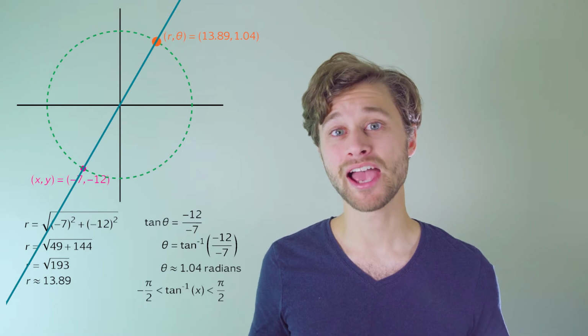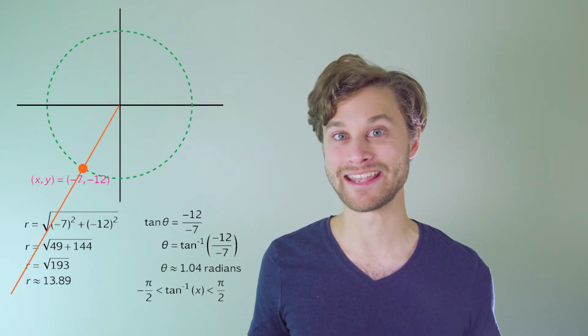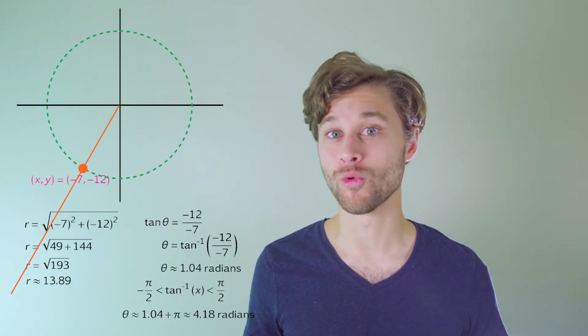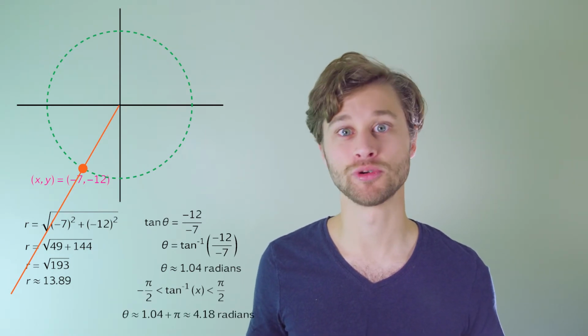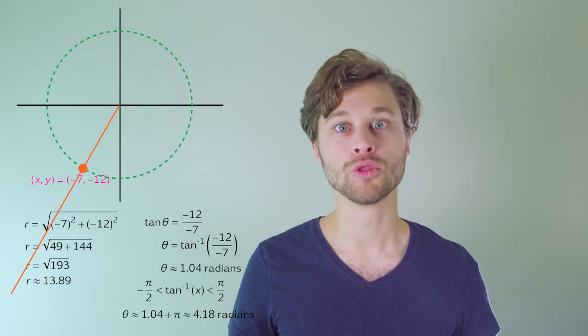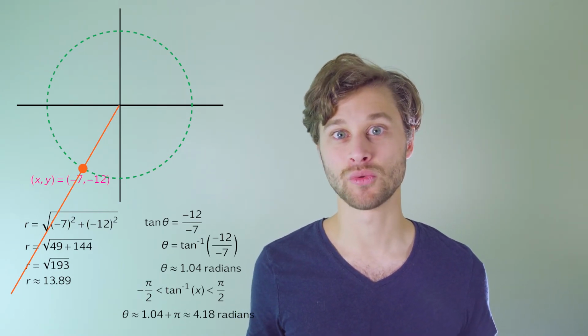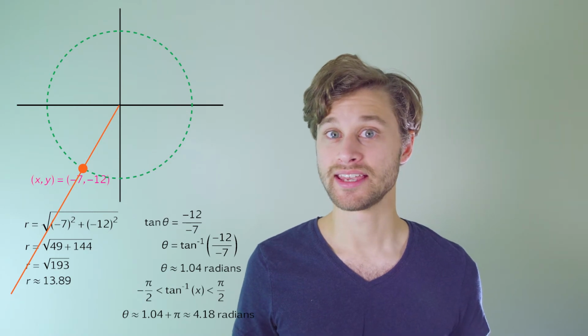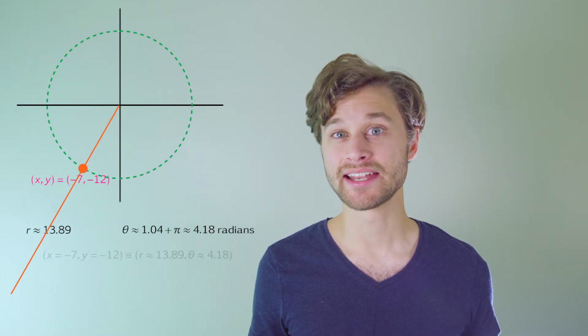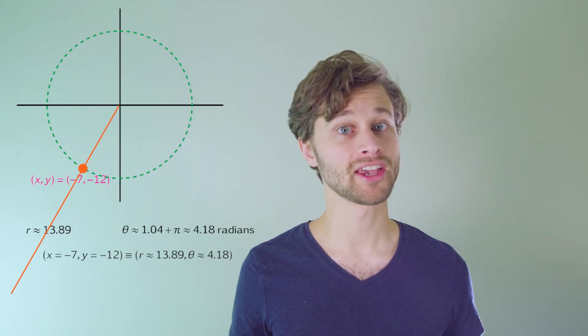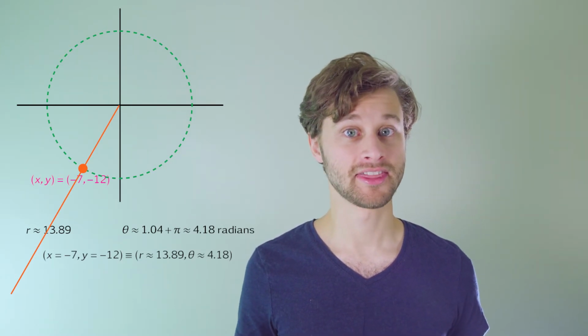So if I add pi radians to my 1.04 radian answer, I get the true answer to this problem, which is about 4.18 radians, which brings us to the third quadrant here. So the full answer to what is -7, -12 in polar coordinates is 13.89, 4.18.